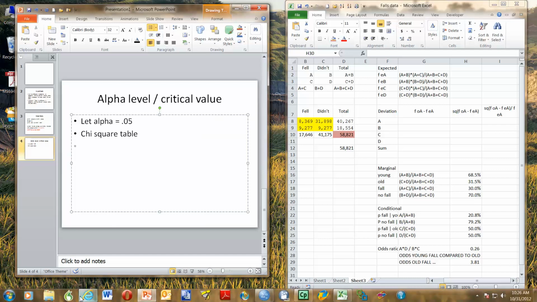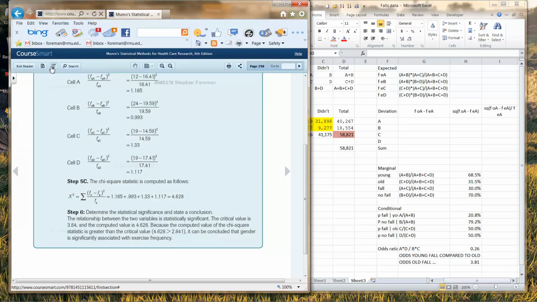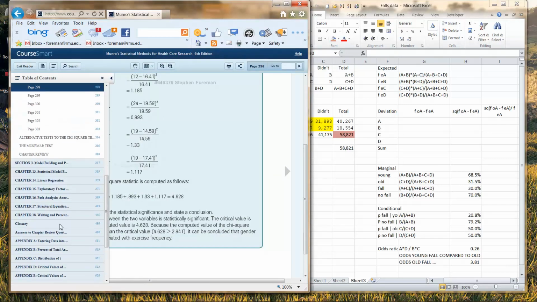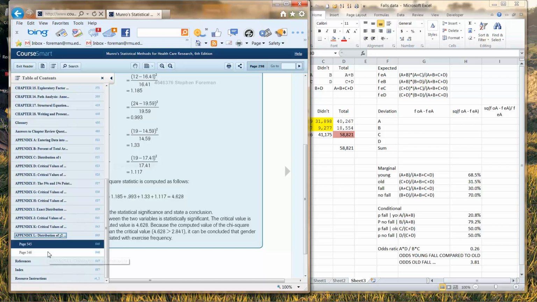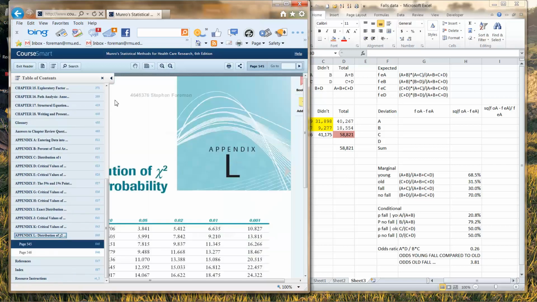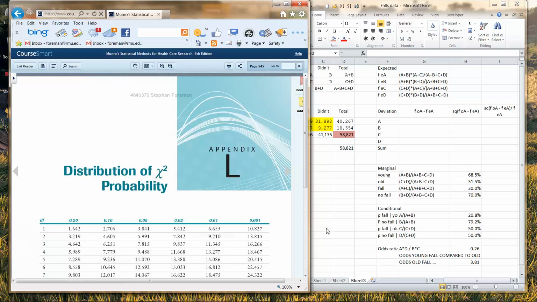So it's in Monroe, table L, distribution of chi-square. This is a simple one.